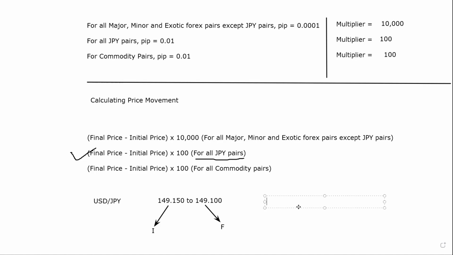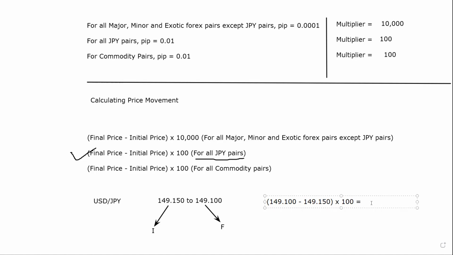First of all, final price, which is 149.100 minus initial price 149.150. Okay. And now we're gonna multiply it by 100. That's it. So multiply by 100, and what answer we will get, okay?